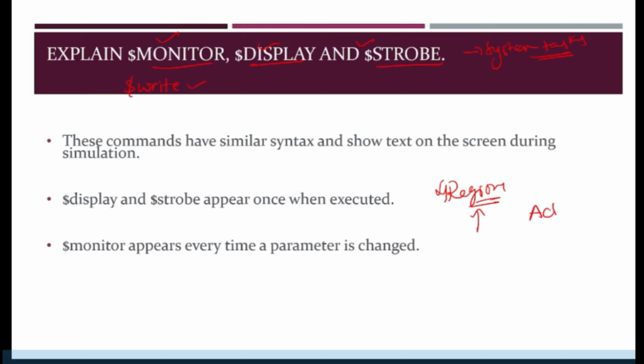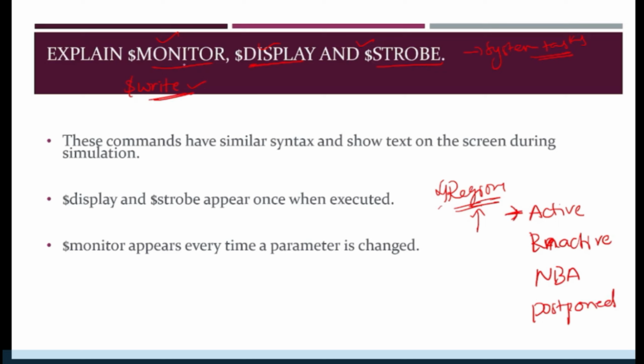For example, in Verilog you have four regions: active, inactive, NBA, which is non-blocking assignment, and postponed. In the active region, $display and $write will be executed.